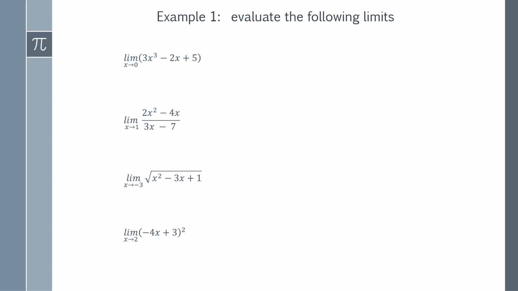Okay, so for the first one, I have the limit as x goes to 0 of the expression 3x cubed minus 2x plus 5. And here is my solution. The first step that I did was to break this down as a sum of 3 limits. That's one of the first few rules that we've discussed on the previous slide.